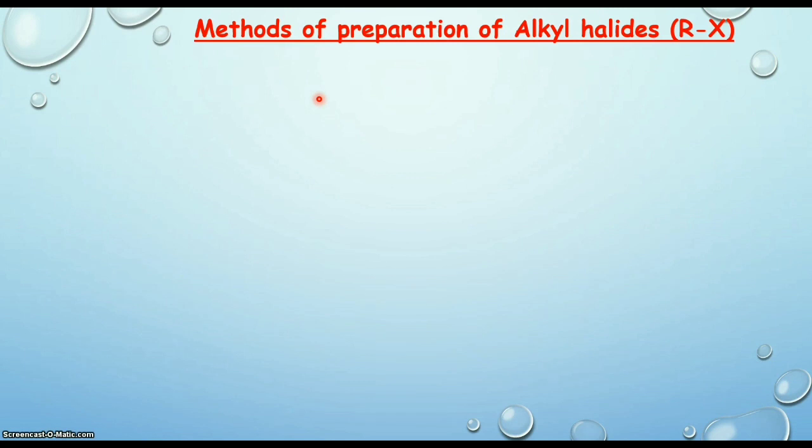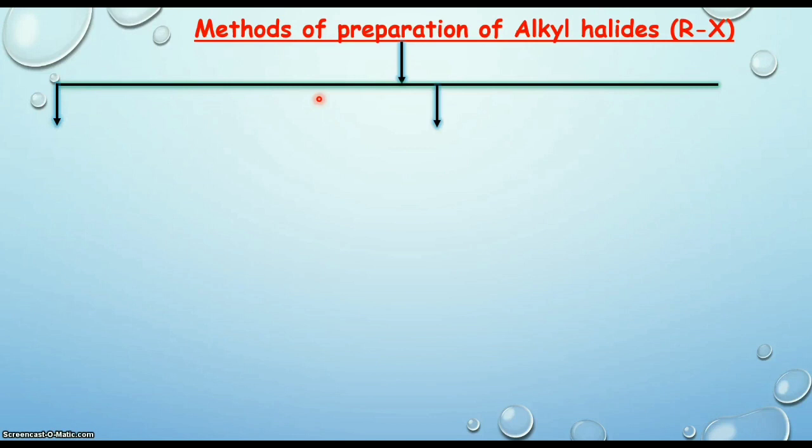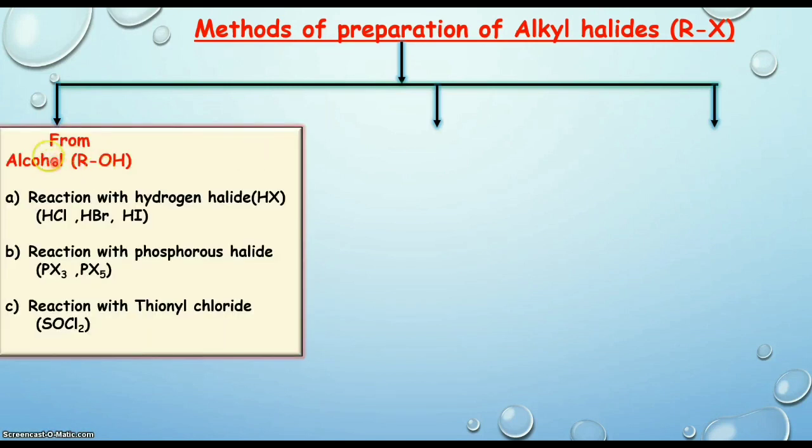In this, we can prepare alkyl halide by three different methods. The first one is from alcohol. In this, we can prepare alkyl halide from alcohol by using three different reagents. First, the reaction of alcohol with hydrogen halide. This hydrogen halide may be HCl, HBr or HI.